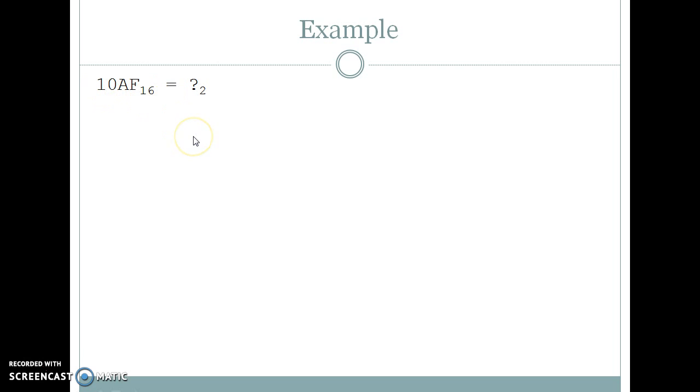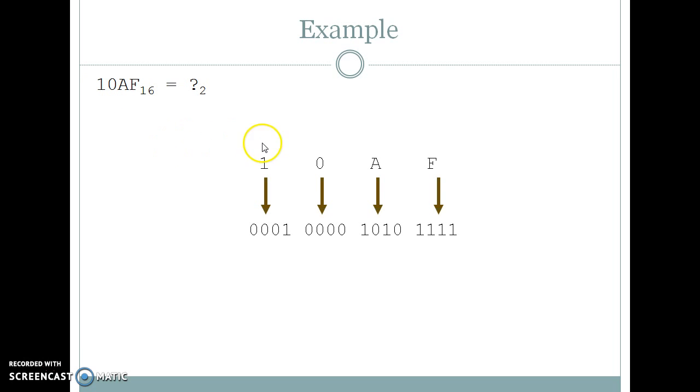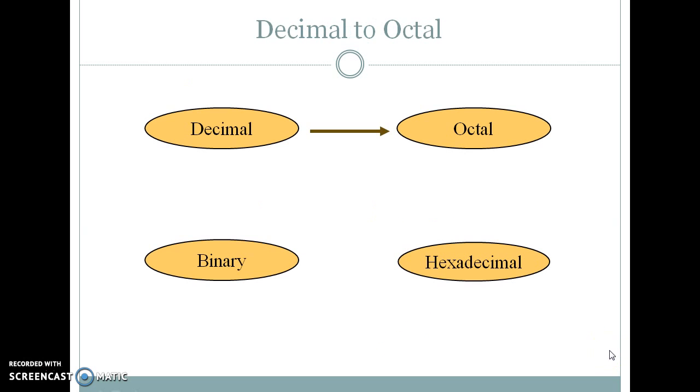Now, for the 4-bit combinations, 1 can be represented as 0001. 0 is represented as 0000, A can be represented as 1010, and F is 1111. So we got this answer in the binary number system.